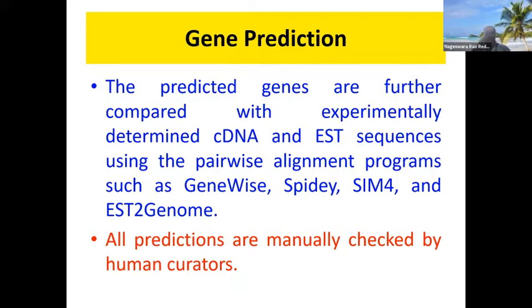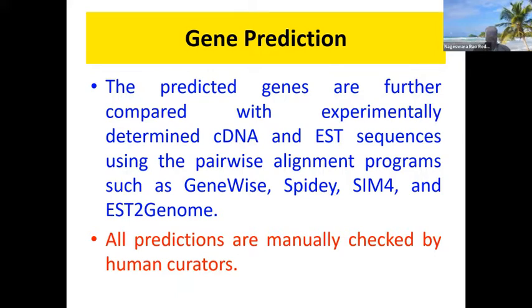When you submit there, it will be manually checked and curated. Human curators check whether the gene and the data are accurate. After this verification is done, the data will be available at NCBI, DDBJ, or EMBL, and we can make a similar search with the cDNA or EST databases.